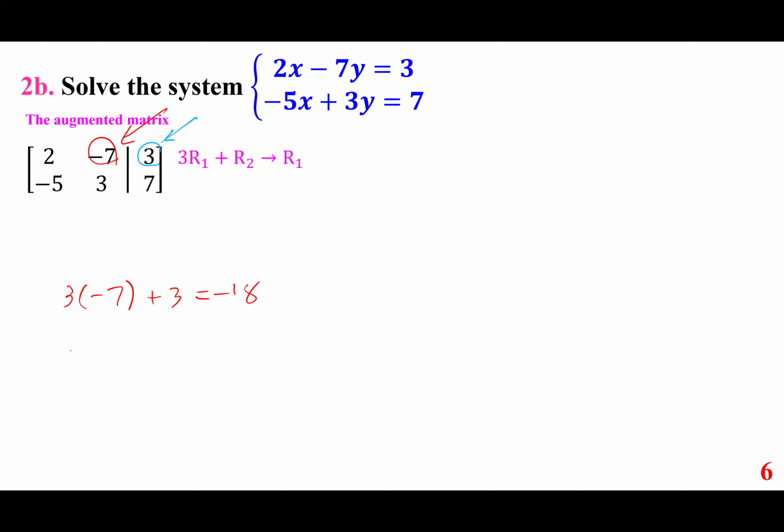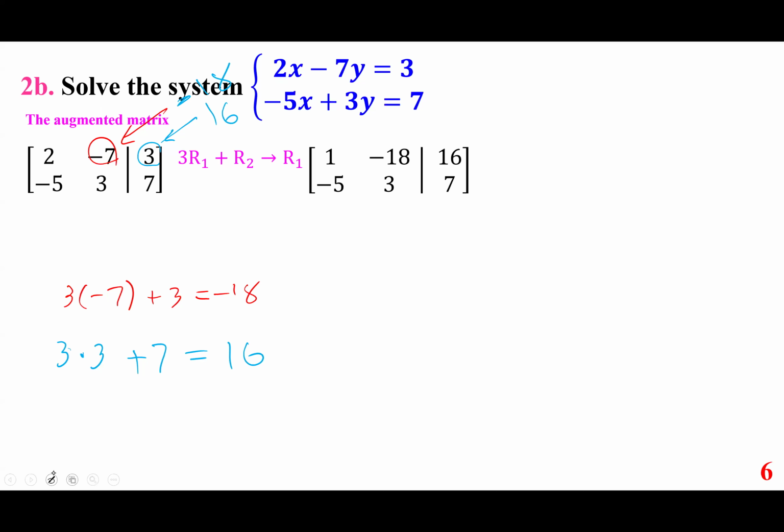This one, I'm going to multiply by 3, and I'm going to add it to 7. I get 16. So this one changes to 16, this one changes to -8. That's how you work on this.